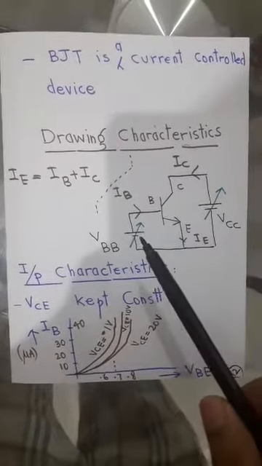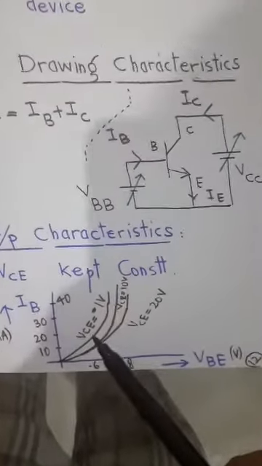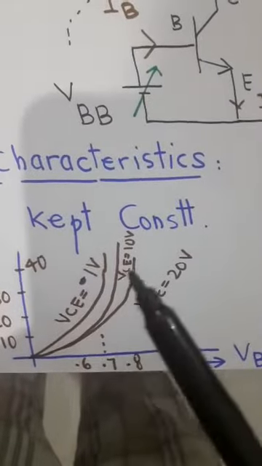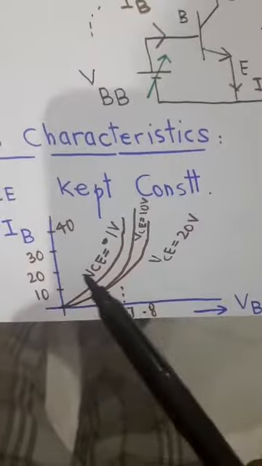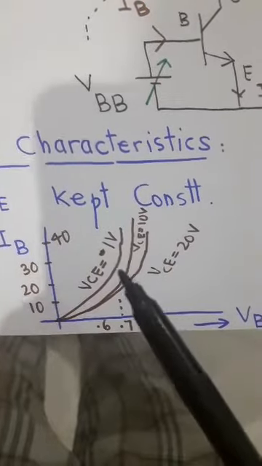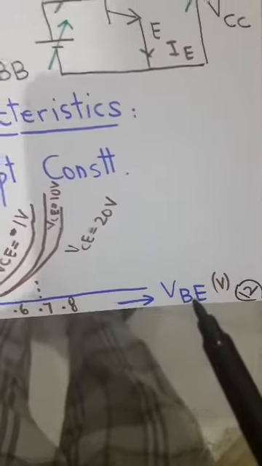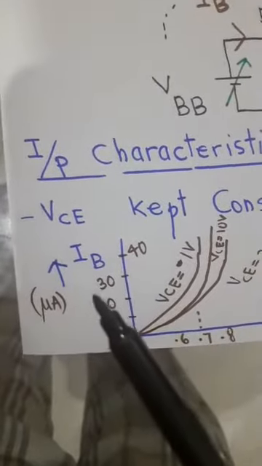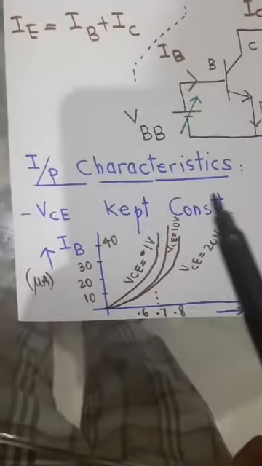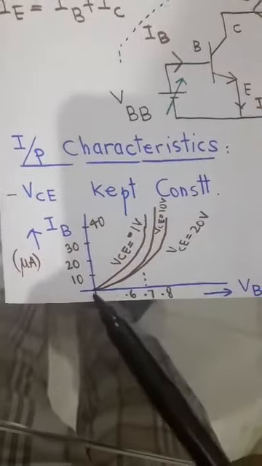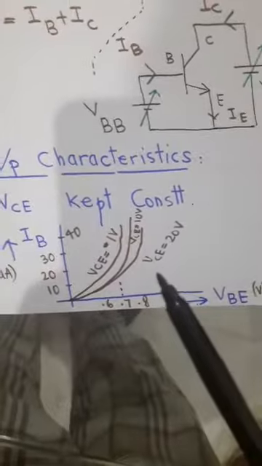If we keep a constant value of VCE, 1 volt, 10 volts or 20 volts, if we fix VCE at a given voltage and draw a graph between VBE, the base emitter voltage, and IB, the characteristics are called input characteristics. VCE is kept constant, so we can draw different characteristics for different values of VCE.